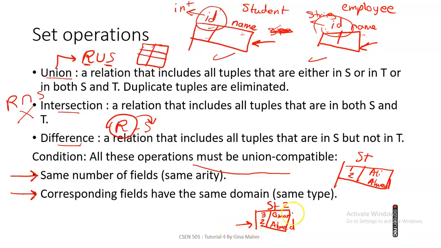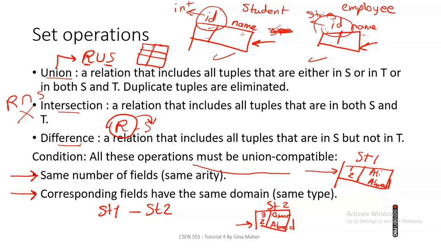How to get the intersection with another operation? Okay, this is student 1 and student 2. What if we get the difference between student 1 and student 2? In this case, the output will be Ali. So if we make student 1 minus student 2, we will get this tuple as output.